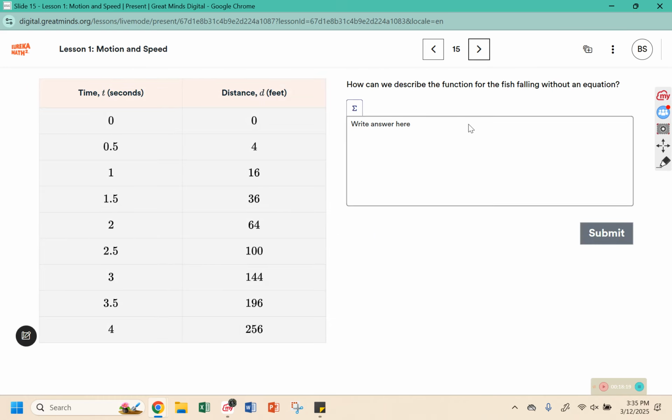How can we describe the function for the fish falling without an equation? We can look for other patterns in the table, just like we did with finding the pattern for acceleration.